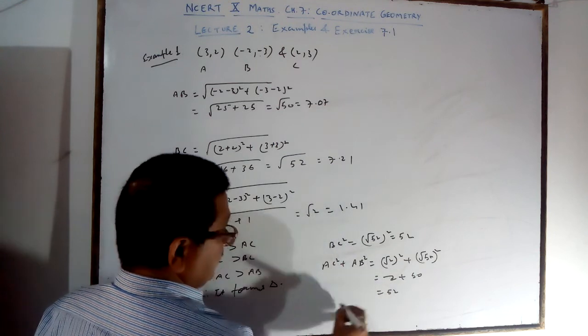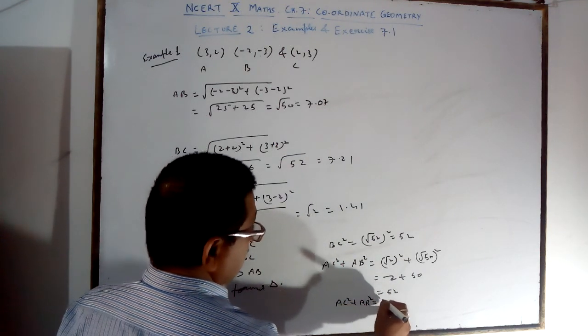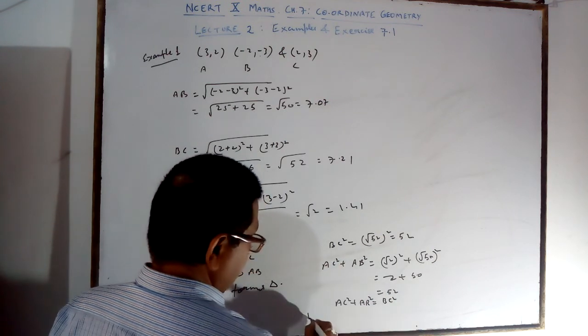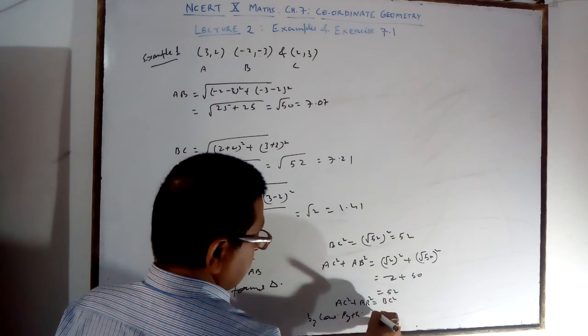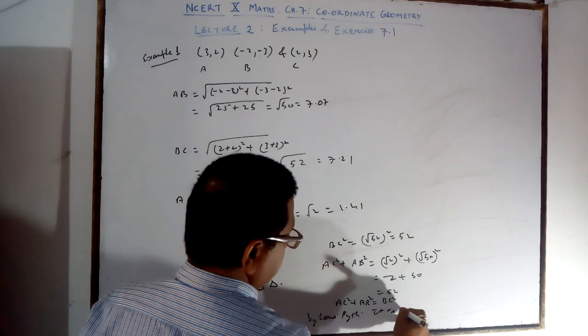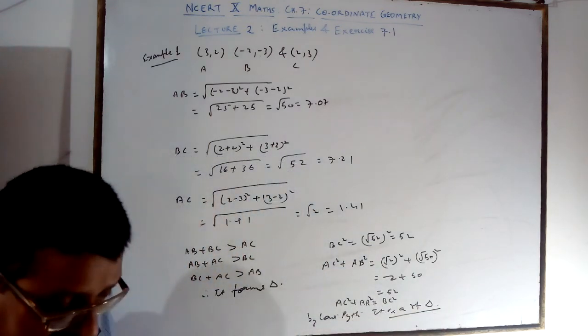So AC square plus AB square is equal to BC square. By the converse of Pythagoras, it is a right triangle.